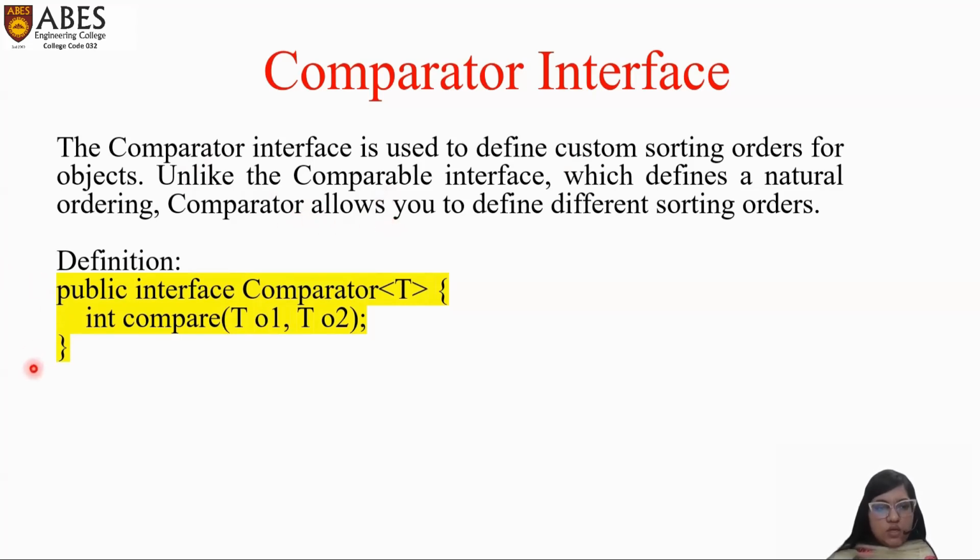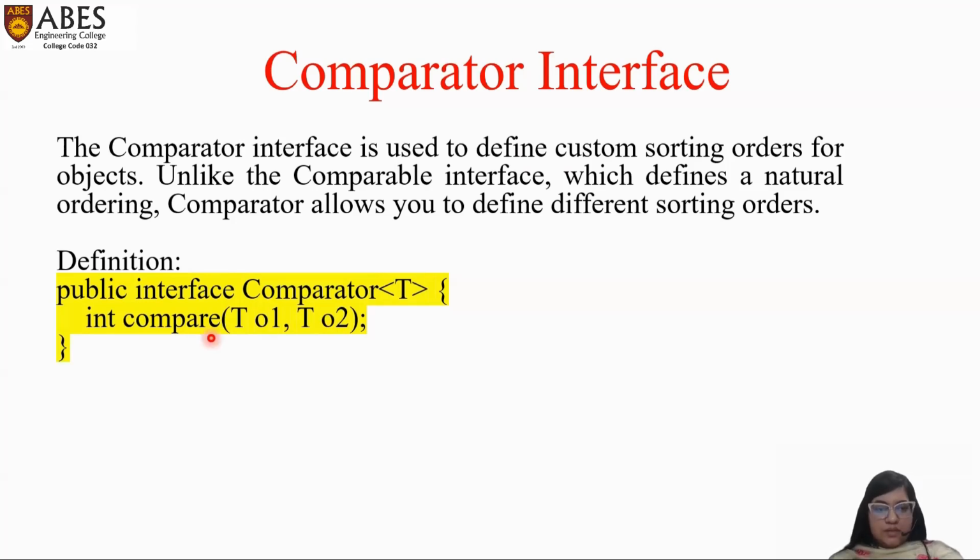Here is the definition of the comparator interface. First we have a public interface, that is Comparator<T>, with a compare method that compares an object of type T, object 1, to another object, object 2. The comparator interface is used to define multiple ways to order objects of the class.